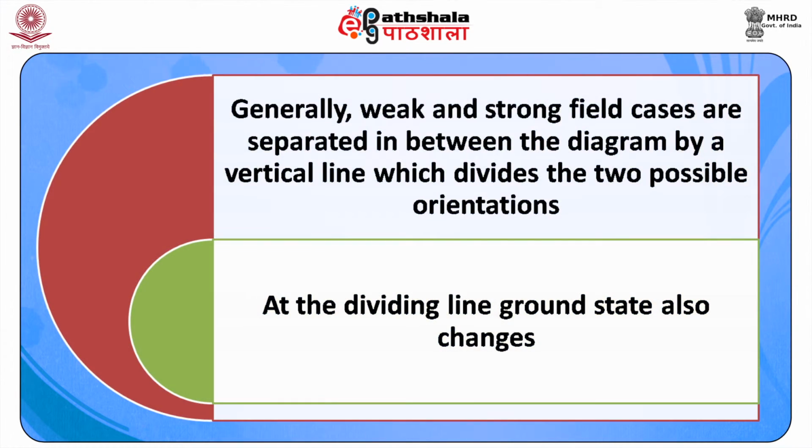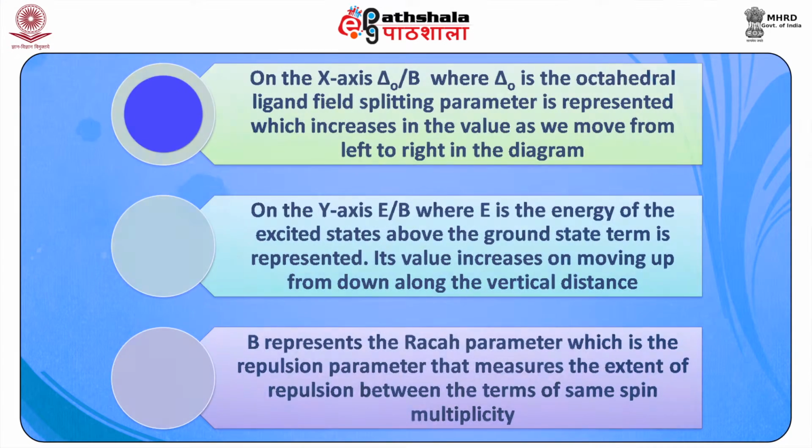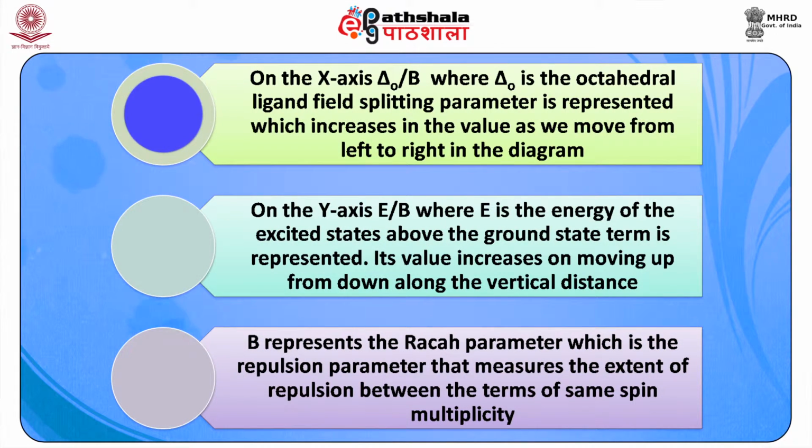Generally, weak and strong field cases are separated in between the diagram by a vertical line which divides the two possible orientations. At the dividing line, the ground state also changes. Various parameters represented on the x and y axis are stated as follows.